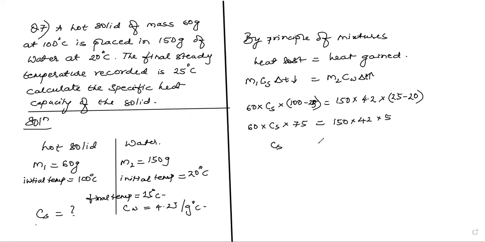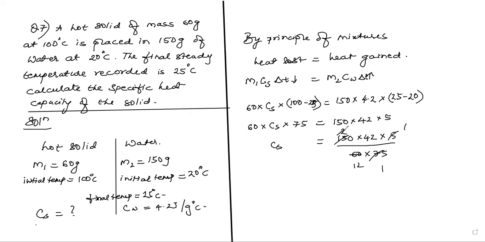So what is CS, children? CS is equal to 150 into 4.2 into 5, the whole thing upon 60 into 75. 75 one time, 75 two times. 5 one time, 5 twelve times.